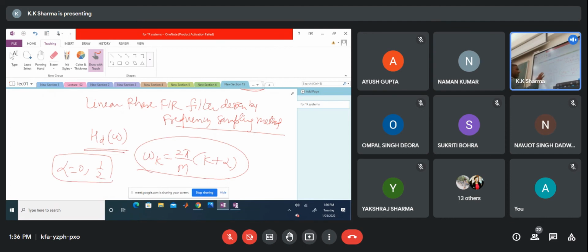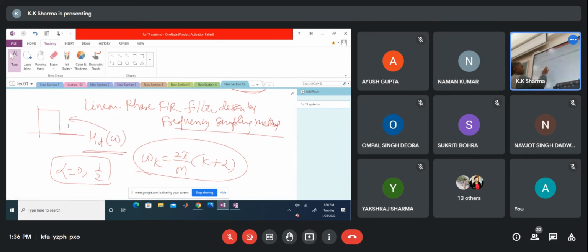Now the idea behind this frequency sampling method is that suppose this is my continuous H(D omega) curve, but if I take the samples of this, or let us say you take a band pass filter, suppose this is a band pass filter from omega 1 to omega 2.